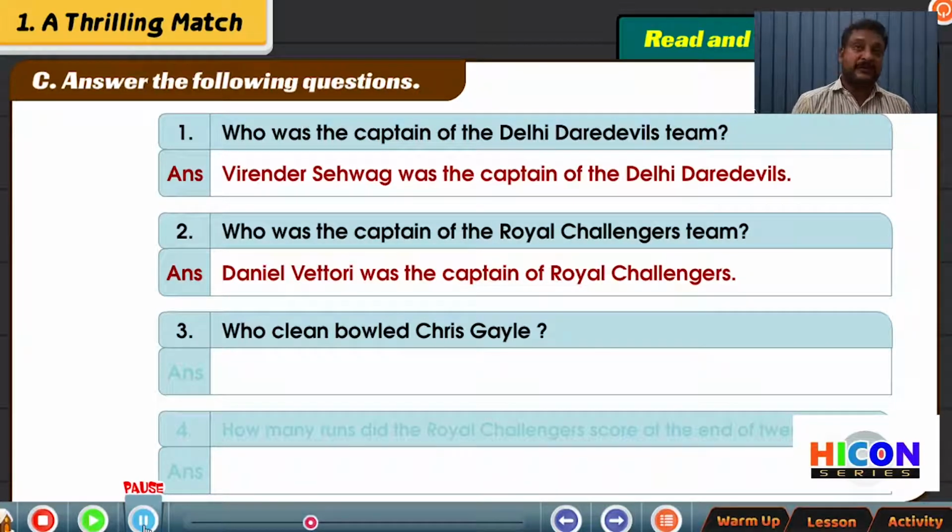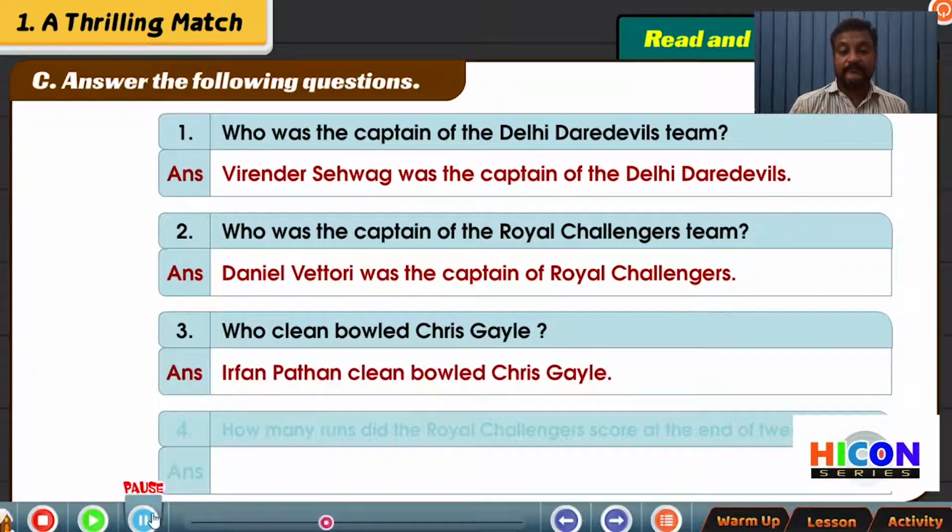The score was something around 150 runs in the first 15 overs, and after that Chris Gayle got out. So he was clean bowled. Who was that particular bowler who clean bowled Chris Gayle? It was Irfan Pathan who clean bowled Chris Gayle.